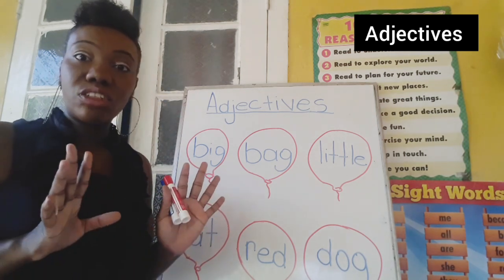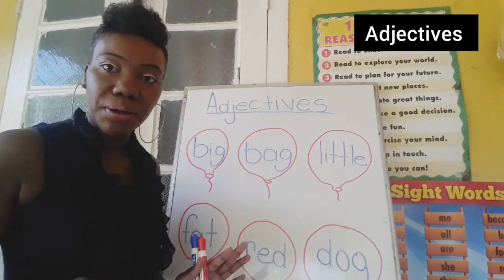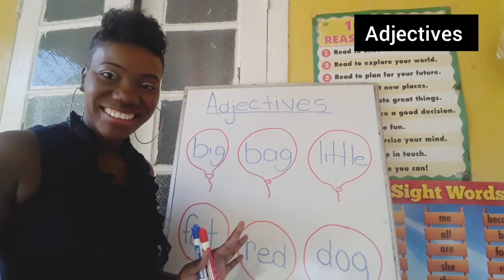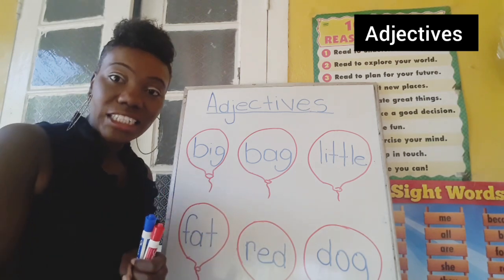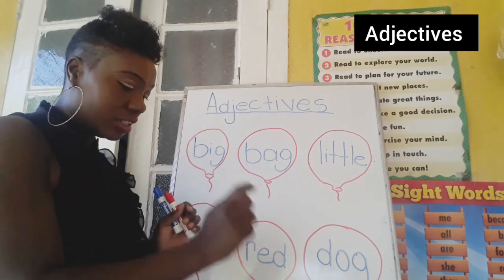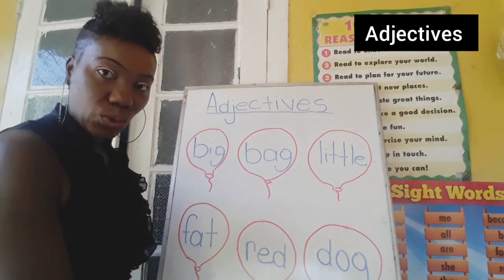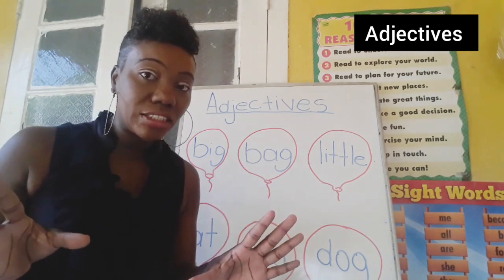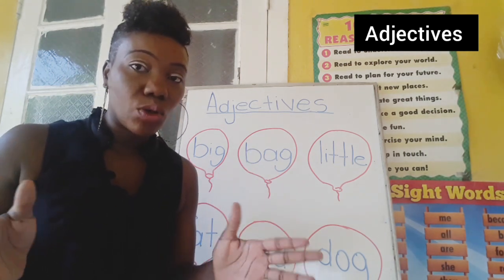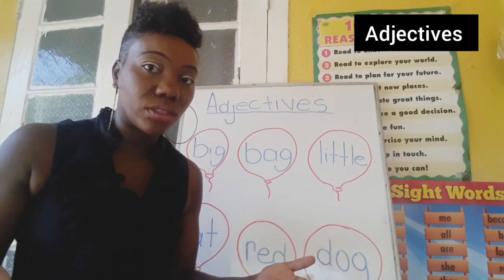But if it's not an adjective, you pop the balloon. So if the word on the balloon is an adjective, we tick it. If it is not an adjective, we pop it. So we're going to erase it. Pop. Now let's go. So remember what adjectives do. They describe things. They tell you how it looks.